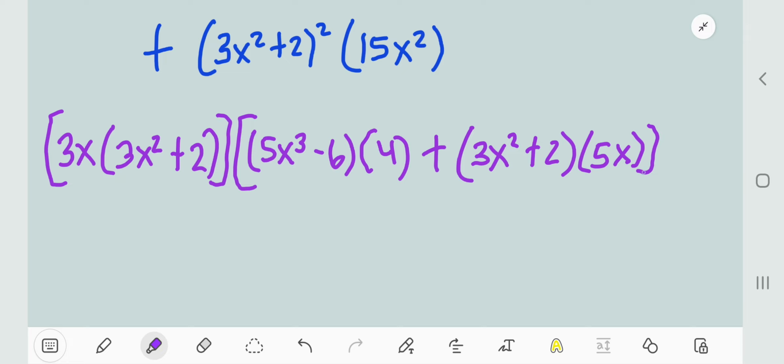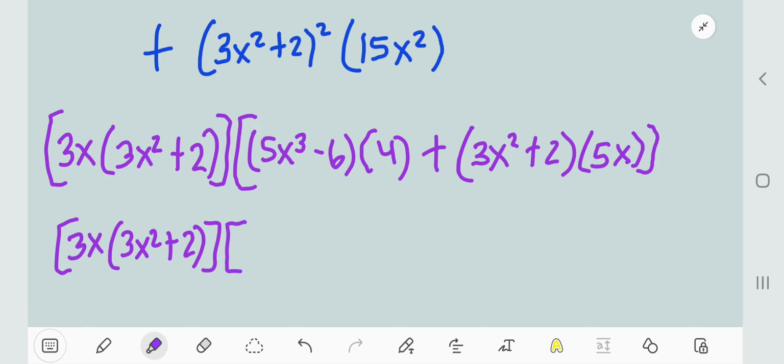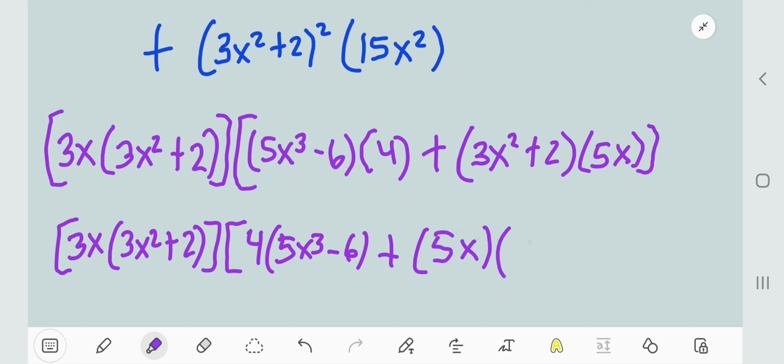So this factored expression will become 3x times 3x squared plus 2, all times 4 times 5x cubed minus 6 plus 5x times 3x squared plus 2.